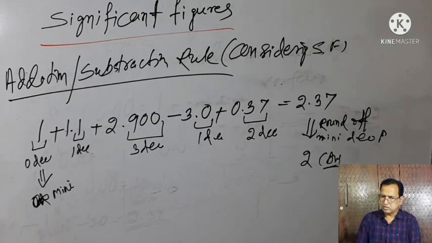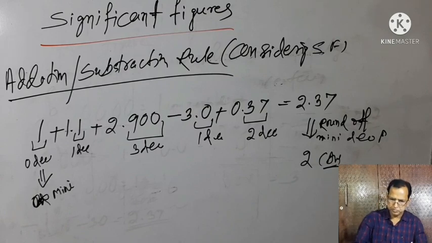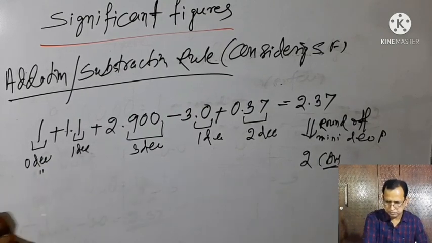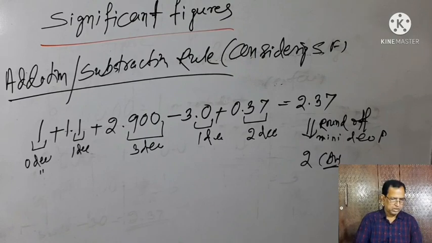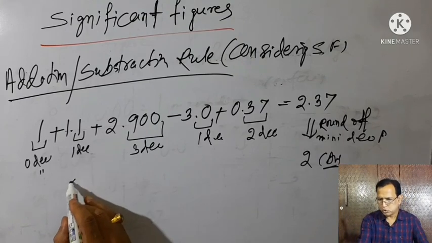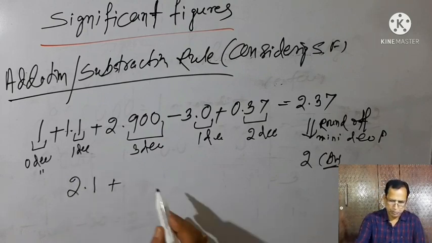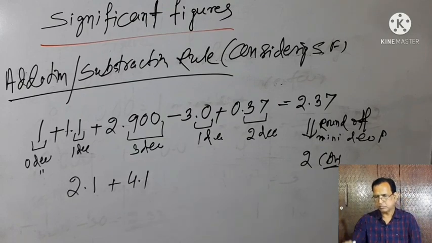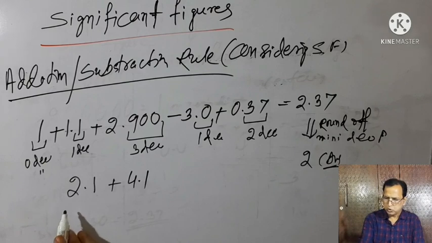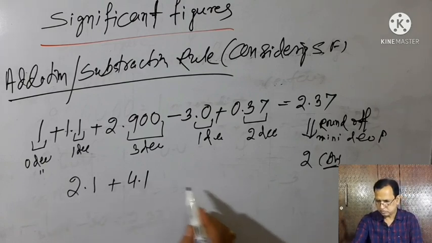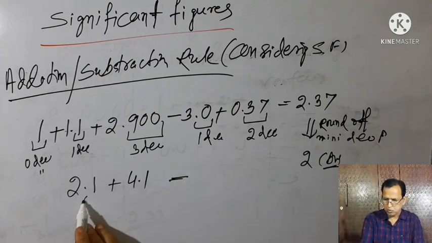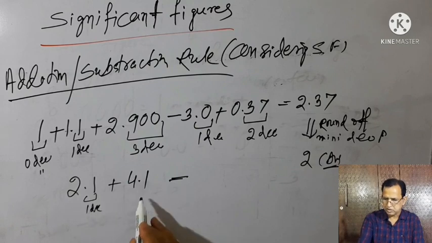Okay. Another case. For example, 2.1 plus, suppose, 4.1. In this case, 2.1 plus 4.1, here 1 decimal place, here also 1 decimal place.